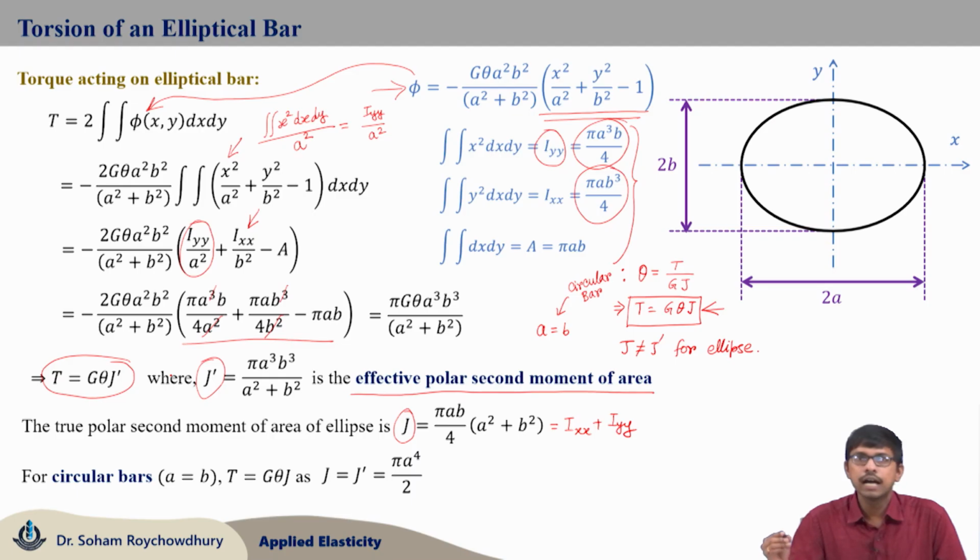It is valid for both Saint-Venant's theory as well as the simple theory of torsion. So, this is a validation: by reducing the elliptic cross section to a circular cross section, we can verify that our Saint-Venant's theory matches the result given by the simple theory of torsion.